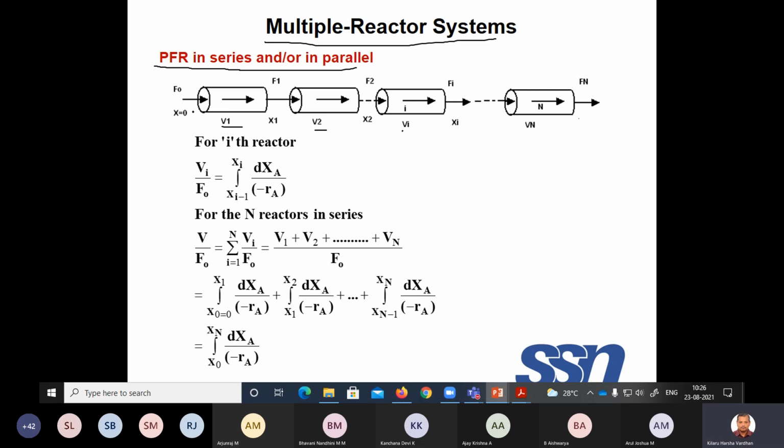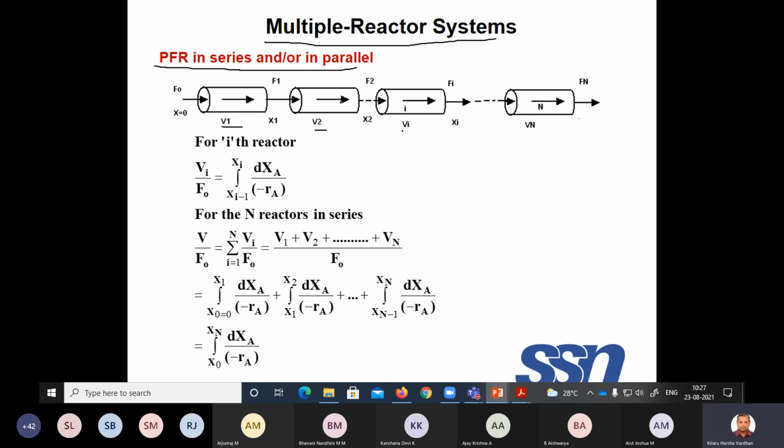Initially, there is no conversion. The reactants pass through this reactor, so there will be some conversion in this reactor. Let X1 be the conversion coming out from reactor 1, and X1 is the inlet conversion to the second reactor. Like that, it goes on X2, Xi, and Xn.